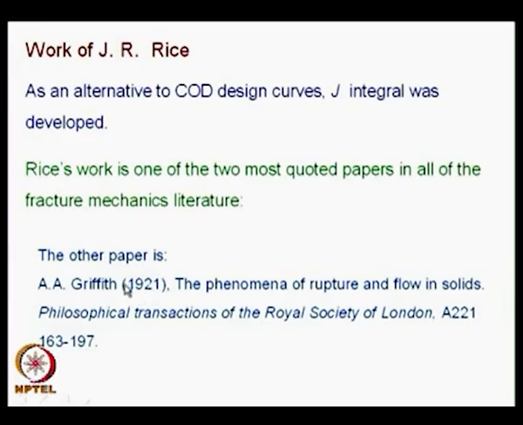He published it in 1921 in the Philosophical Transactions of the Royal Society of London. There was also another paper published in a conference in 1924. These two papers were considered as fundamental ones for linear elastic fracture mechanics. Now, even if you write the name of the author and the journal and the year, you should be in a position to search it.